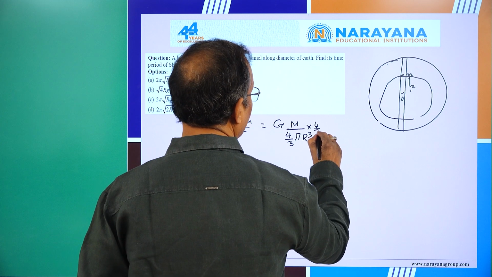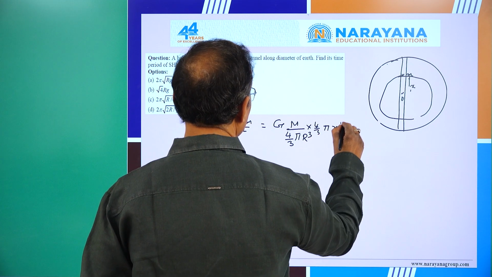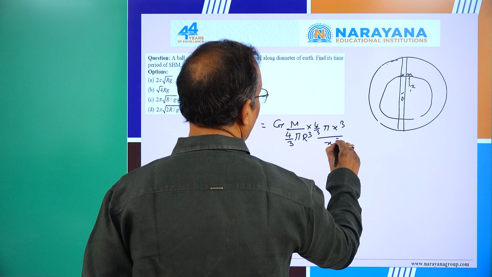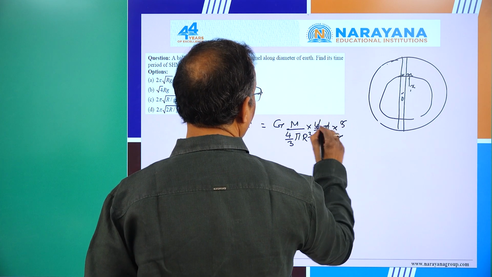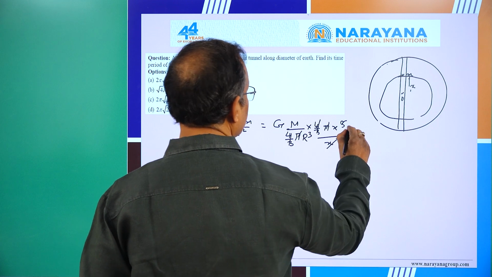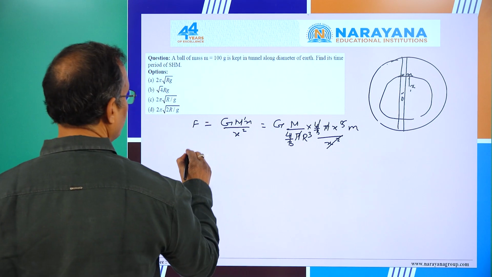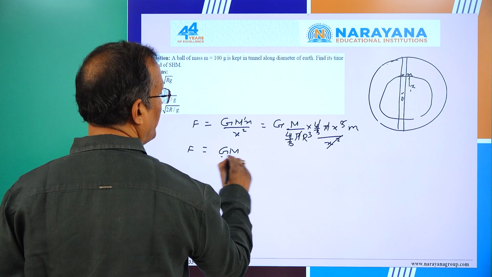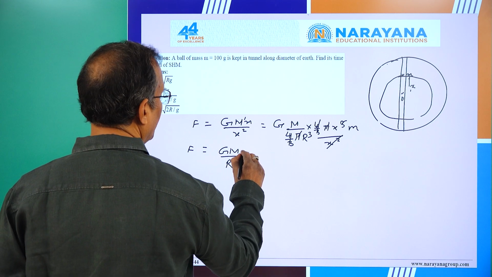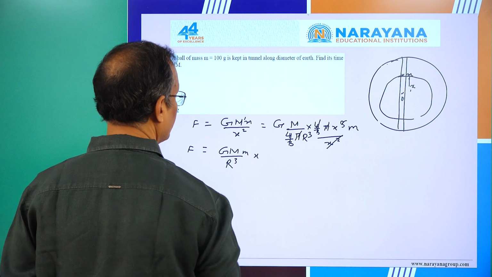It will be 4 by 3 pi x cube by x squared. So here the 4 by 3 pi will be cancelled. This will become F equal to G m by r cube m x.